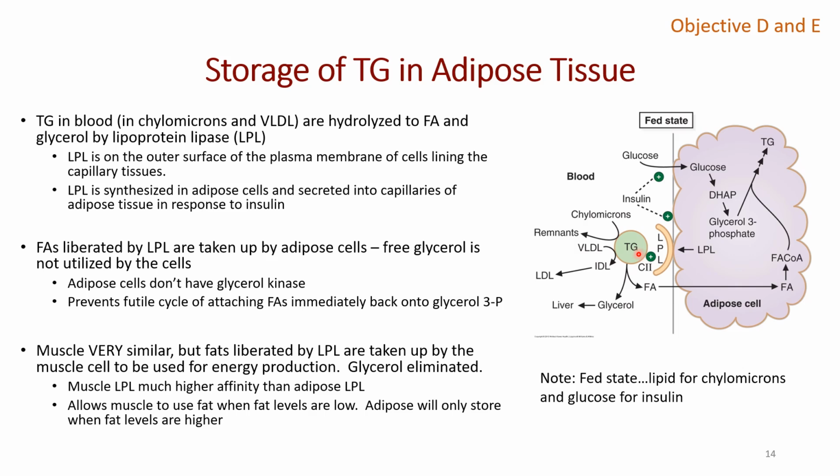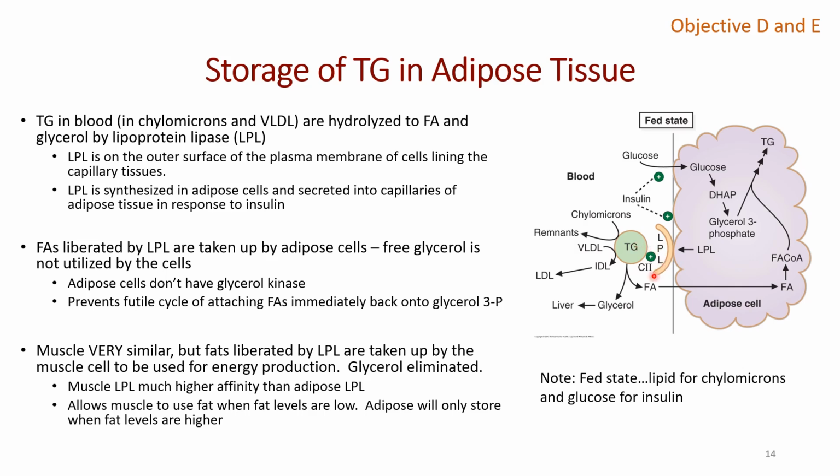So this is really complicated here. What this is showing you is whatever this particle is, this particle contains triglyceride. It could be a chylomicron, or it could be a VLDL, because these particles are really very similar in the way they function and how they interact with the lipoprotein lipase, the LPL. Now notice that insulin will cause the LPL to be moved out to the outer surface of the cell here, where it can grab onto these VLDLs or chylomicrons.